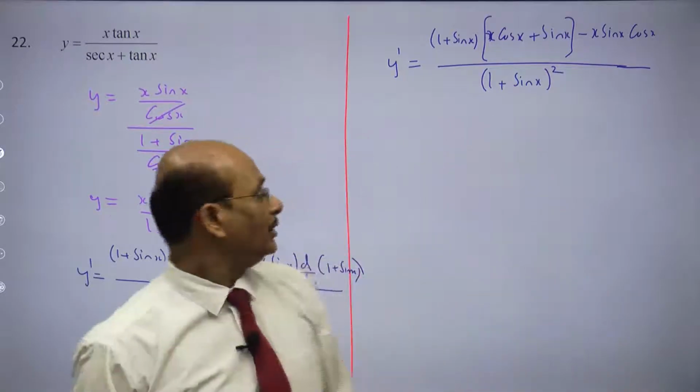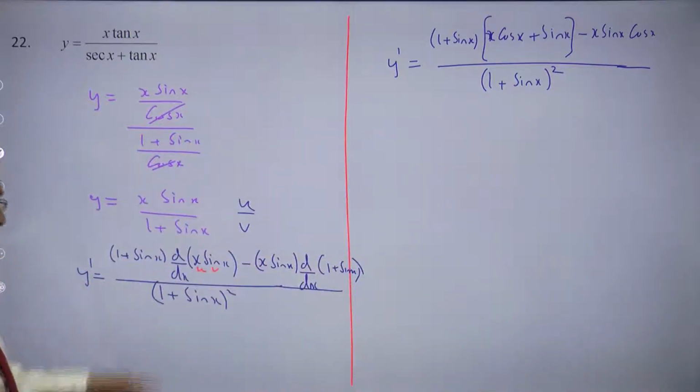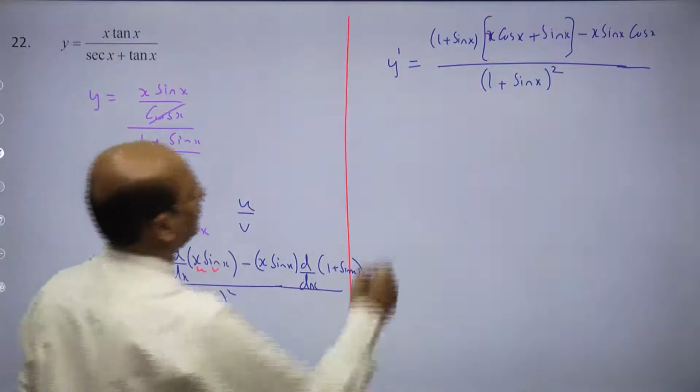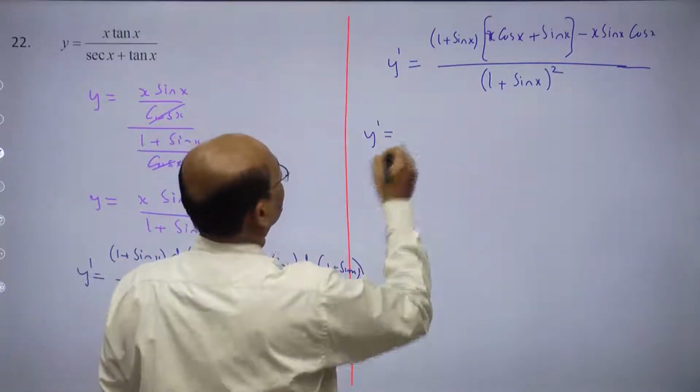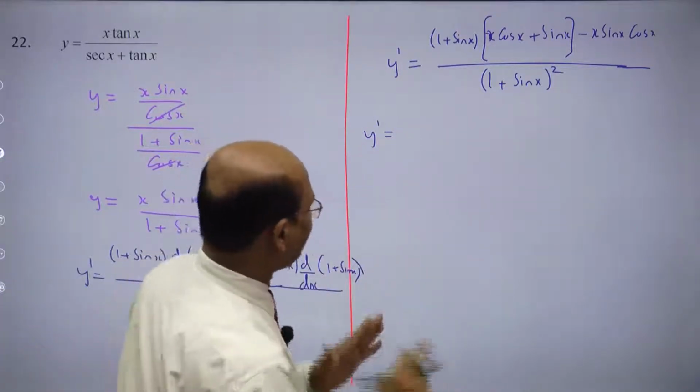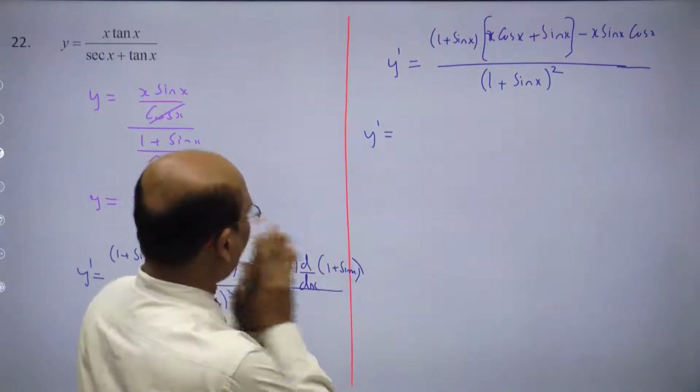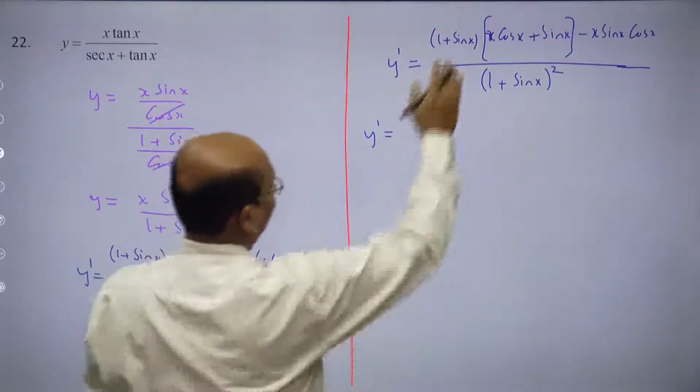My job is over, I hope you got this point. I think nothing else must change here. So, y dash will be equal to, now I am just keeping this as it is, or if you want, you can open this up, because this might cancel.